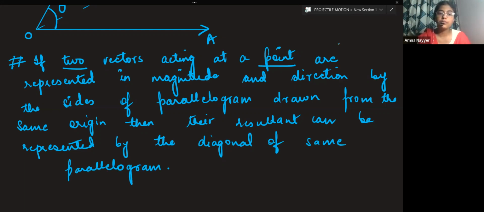Right? So first is that two vectors acting at a point are represented in magnitude and direction by the sides of the parallelogram drawn from the same origin. Then the resultant can be represented by the diagonal of the same parallelogram.